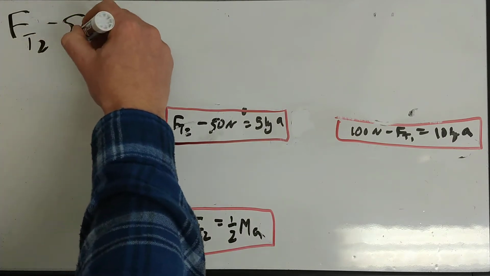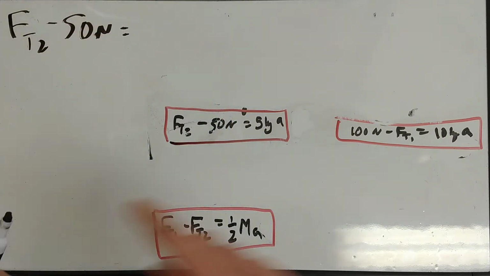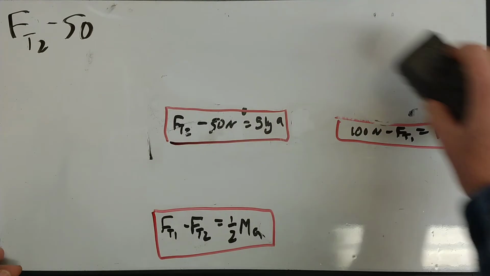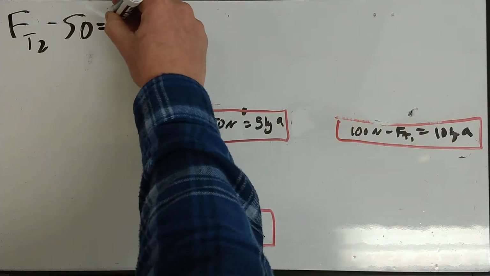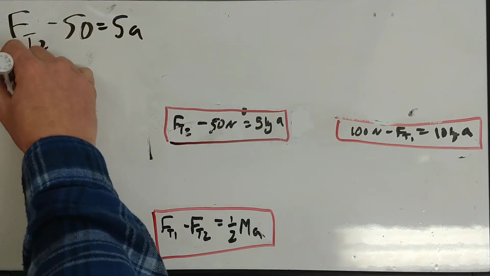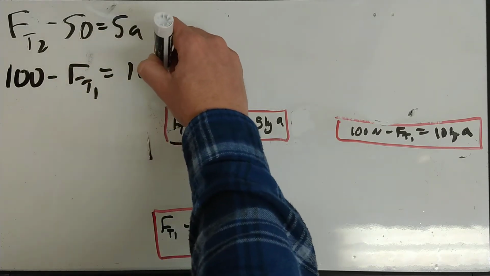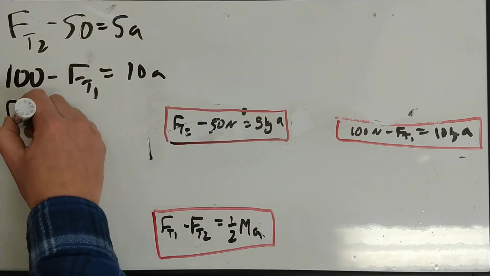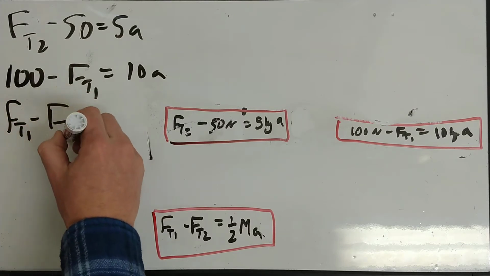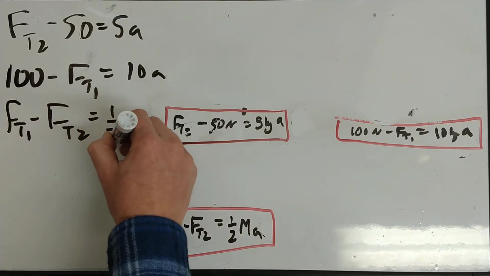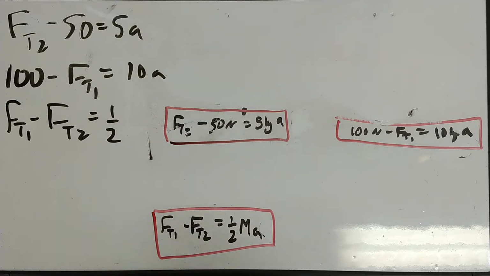Ft2 minus 50 newtons equals, and I'm gonna drop the units at this point, 5a. We've got 100 minus ft1 equals 10a, and we've got ft1 minus ft2 equals 1/2 ma, and that's the mass of the pulley times the acceleration.